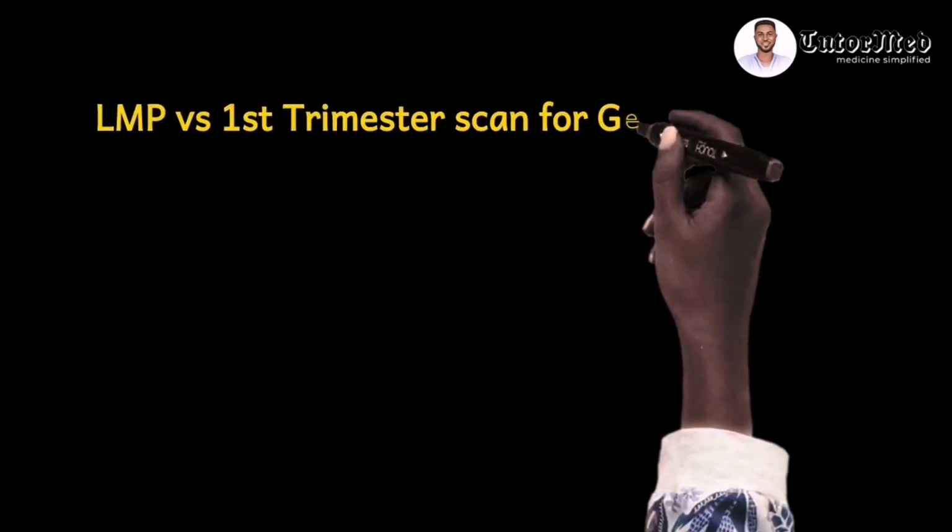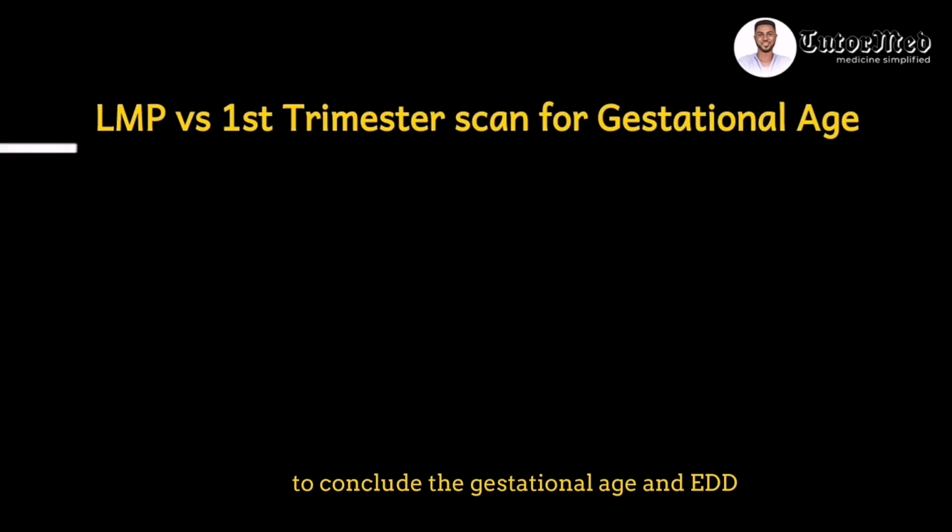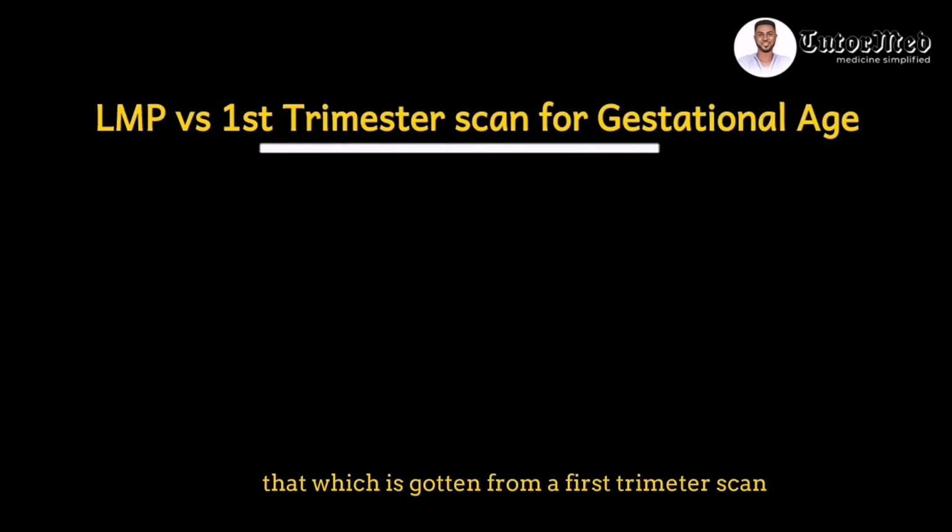Now, as far as the expected date of delivery and gestational age calculation is concerned, you can use the woman's LMP or use a first trimester scan for that. So we want to compare the reliability or the accuracy of using the LMP to calculate the gestational age and EDD compared to that which is gotten from a first trimester scan.